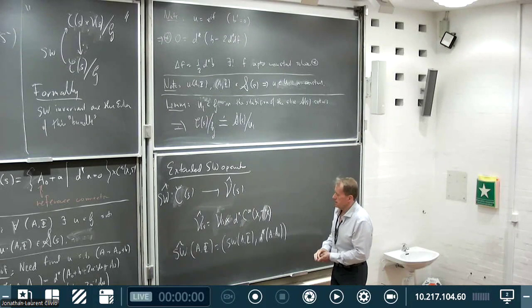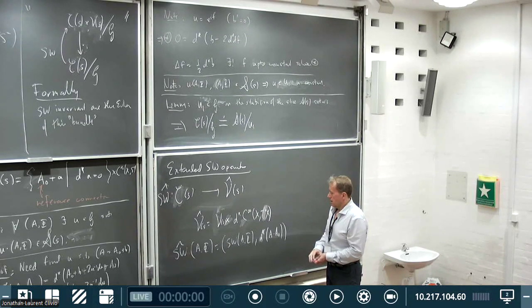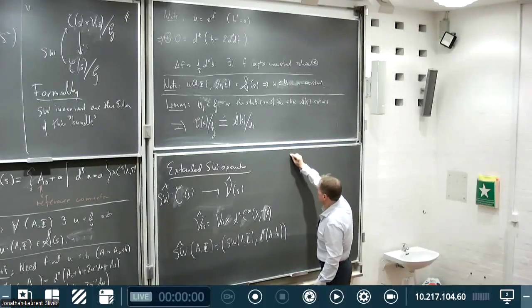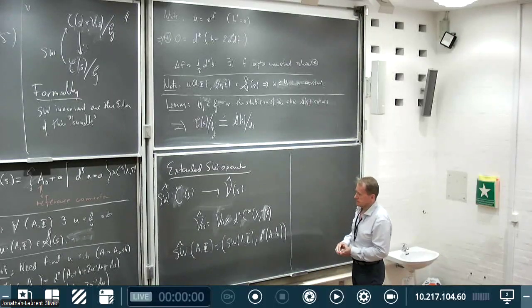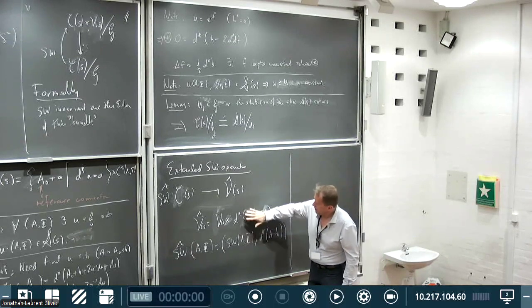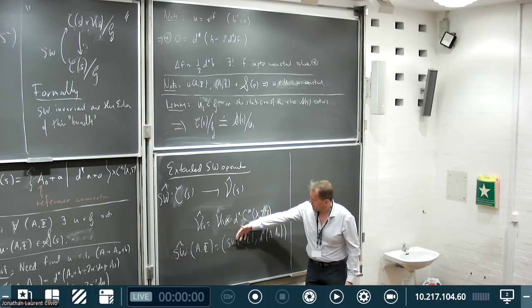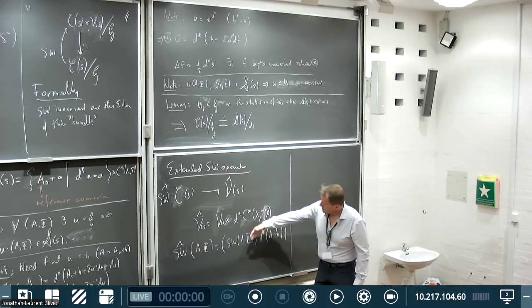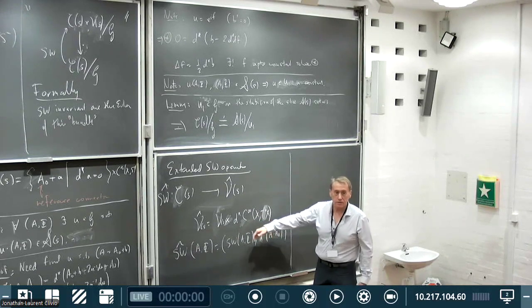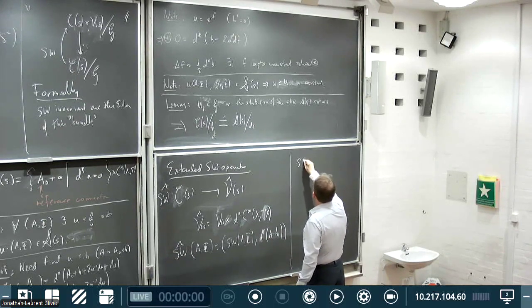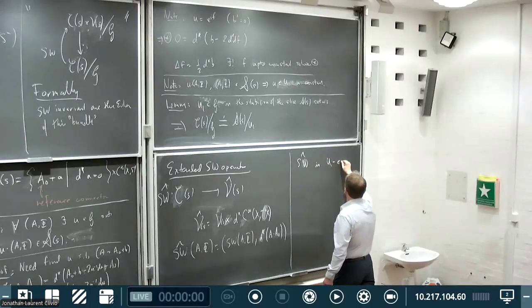What does this do? Here the symmetry group of these equations is just the constant gauge transformations, which is U1, an angle variable.